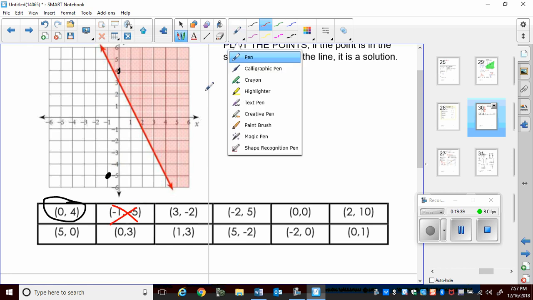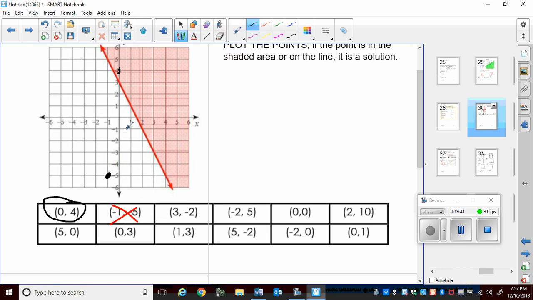Let's see, 3, -2. So right over 3, and then down 2. There's a point. It is in the shaded area, so I can circle it. Next point is 5, 0.